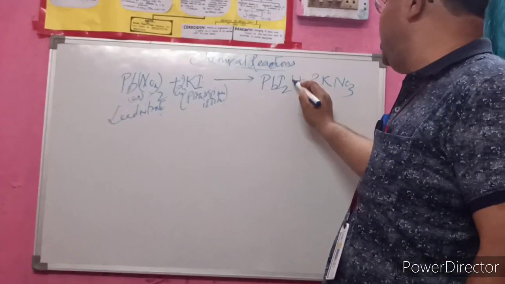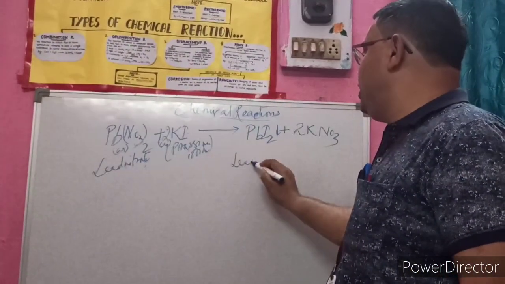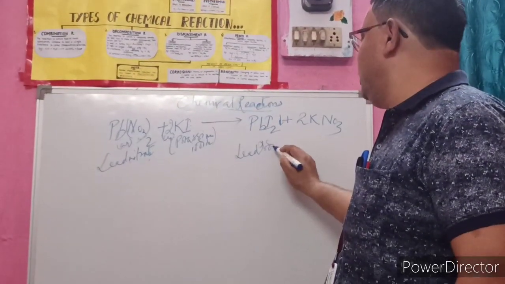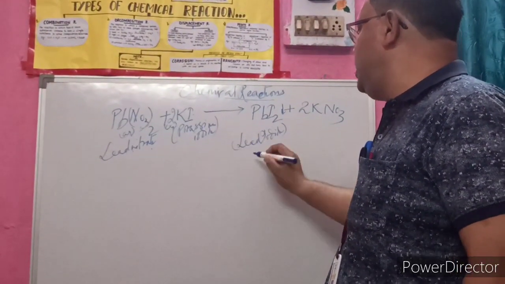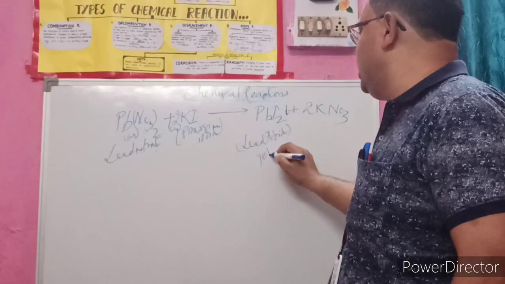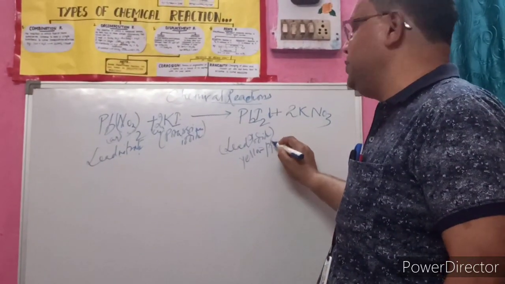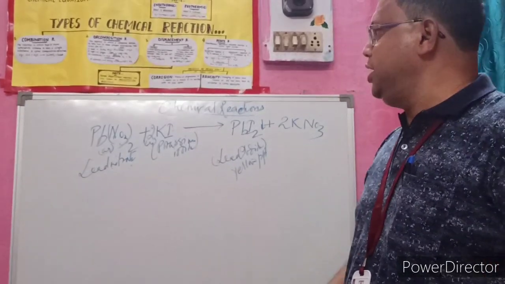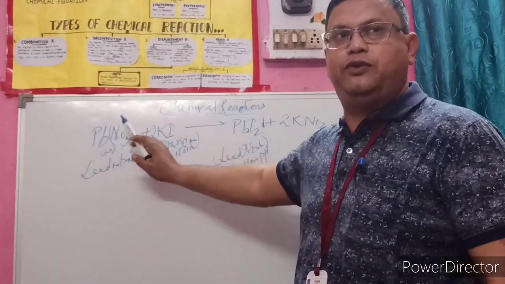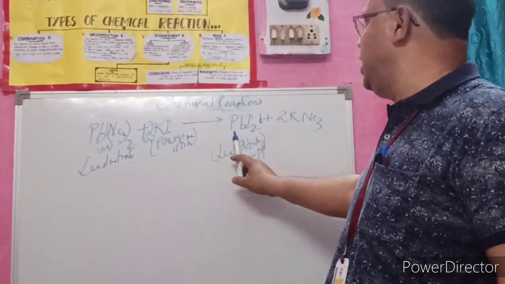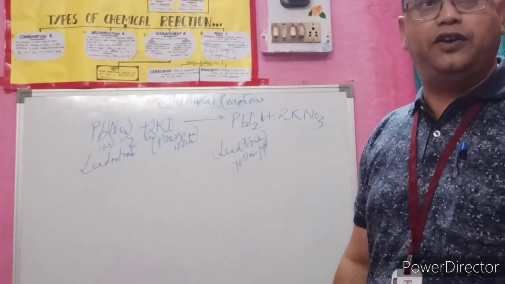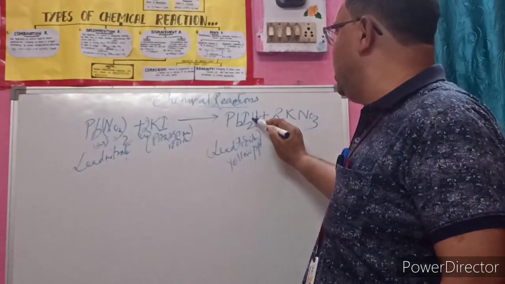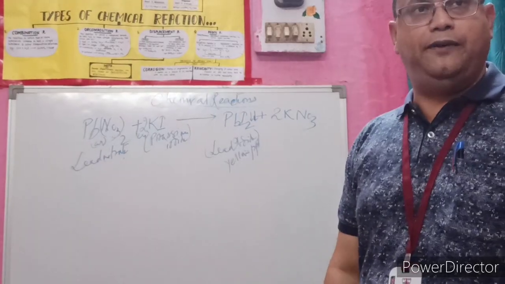Lead iodide gives a yellow precipitate. So when I mix lead nitrate with potassium iodide, it forms lead iodide and potassium nitrate, and gives a yellow precipitate of lead iodide.